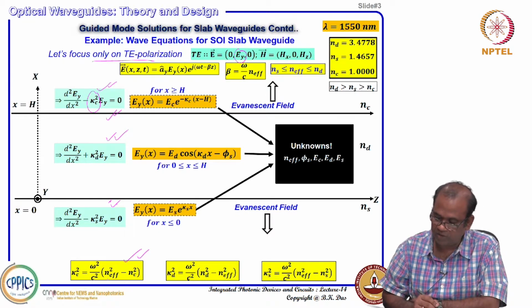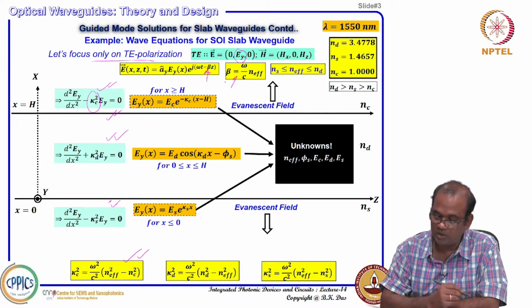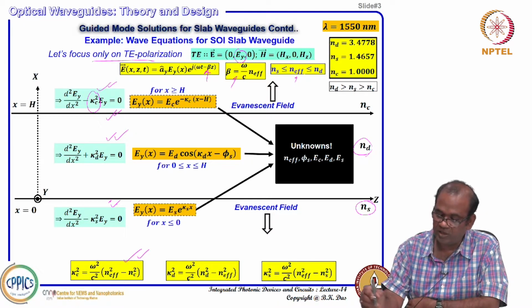Assume that n effective is the effective refractive index of the guided mode, the propagation constant related to beta is this one, and obviously n effective will be less than ND and greater than NS. Obviously, if it is greater than NS, it should be greater than NC. Okay.